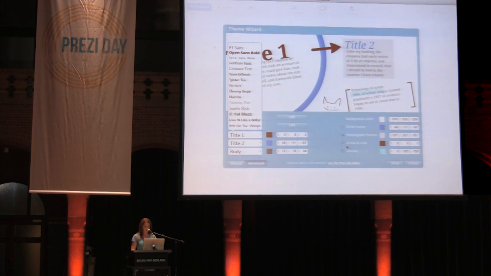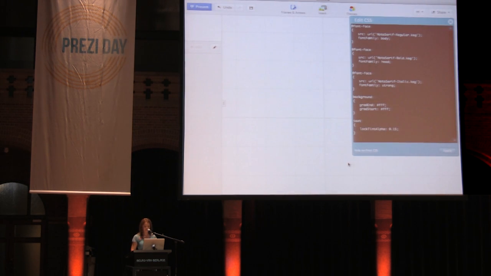So again, let's go to the Prezi CSS editor. And here at the top you find 3 times font face with font family body, head and strong. And I think you know you have the title, subtitle, body. So body is easy, that's the body. The head is the title and strong is the subtitle.